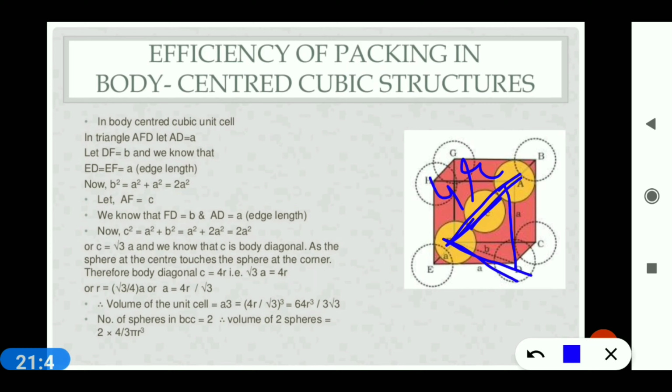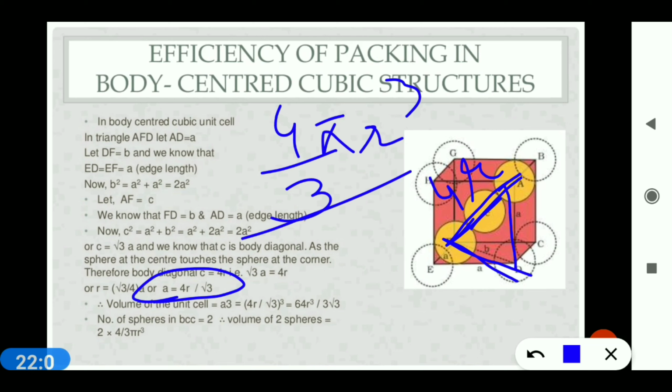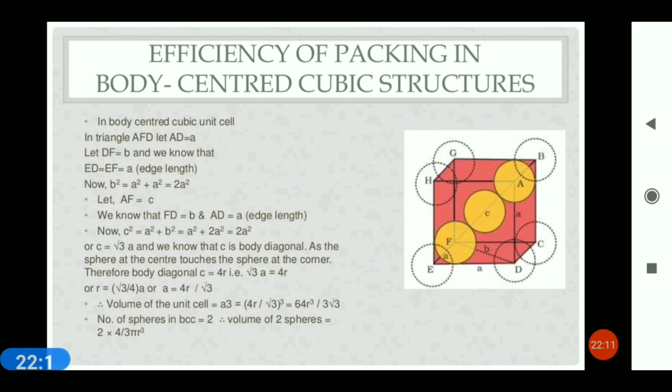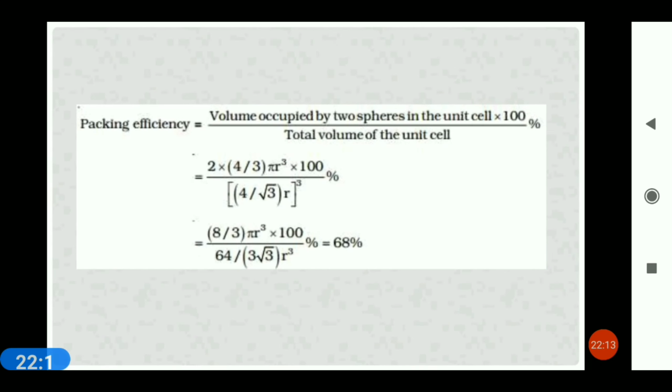So in this way you will calculate A equal to 4R upon root 3. Now same formula you have to put, volume of the sphere, that is 4 by 3 pi r cube upon A cube. Now this time A cube is equal to 4R upon root 3 whole cube. Solve it. When you calculate, you will get 68%.